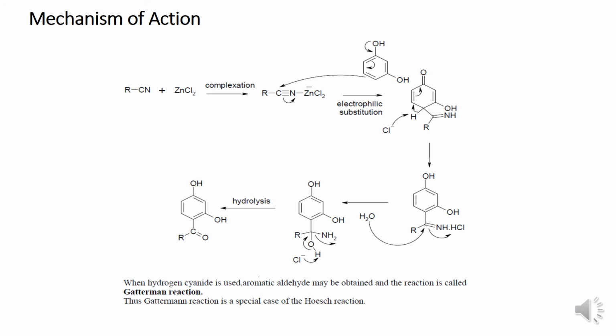That is possible with nitrile groups also, because the nitrile group has nitrogen, a heteroatom. So this makes a complex, a coordinate bond with zinc chloride. During this complexation, nitrogen donates its lone pair to zinc chloride.